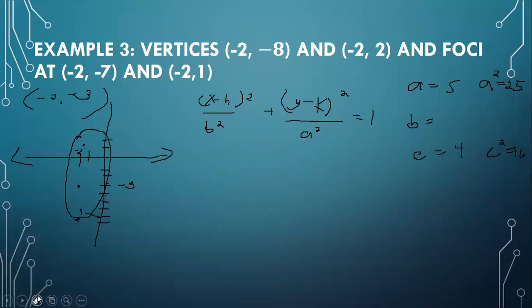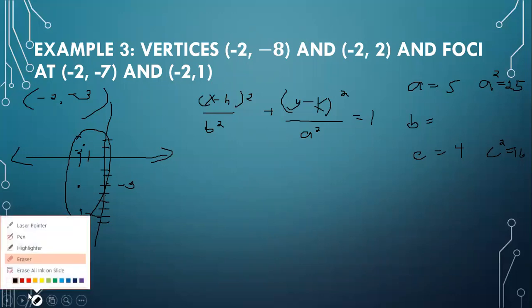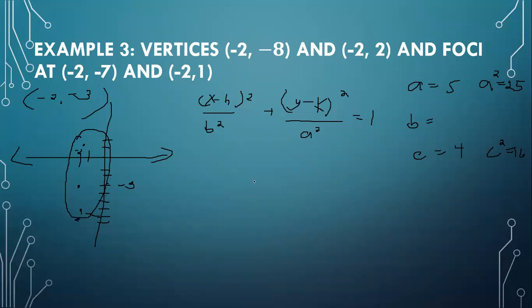Okay. So in that, we can solve for b squared, or our co-vertices. c squared is 16, equals a squared, which is 25, minus b squared. Combine like terms: negative 25 plus 16 equals negative b squared.